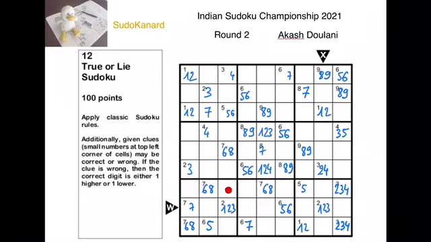There must be a 3 among those digits. Those 7s, put a 7 here. Now this 7, those 7s, put a 7 here. And we can probably put the last 7 of the grid. Yes, it's here.